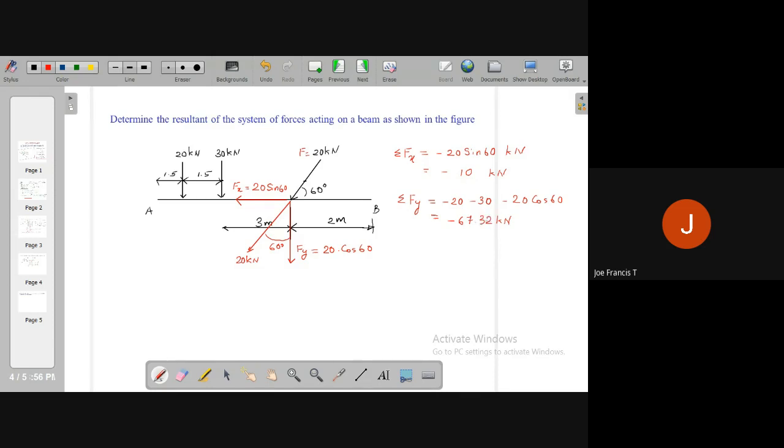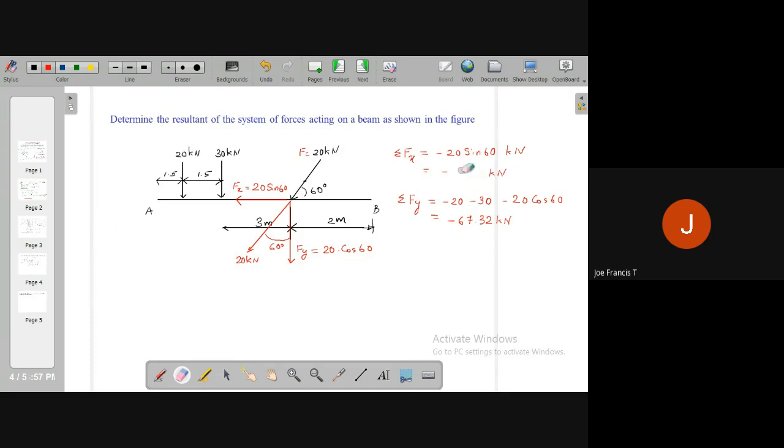So did you get this answer? Sir, is it 10 that we get? Which one, Fx? Fx, how much? Right, it is sin 60, isn't it? I just changed it. It is 10√3, isn't it? Yes, correct. I made a mistake there.